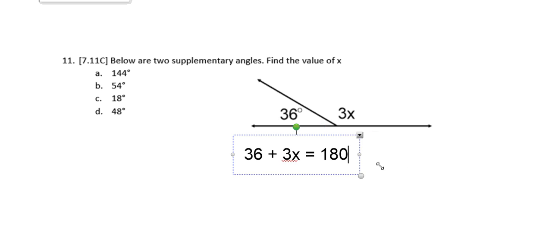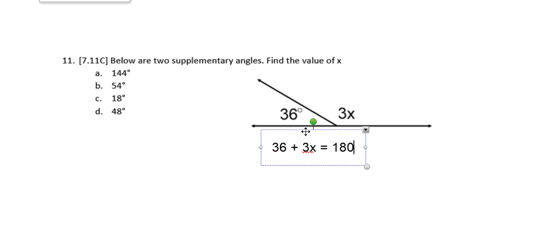Then what I'm doing is I'm simplifying. First thing I'm going to do is divide both sides by 3.